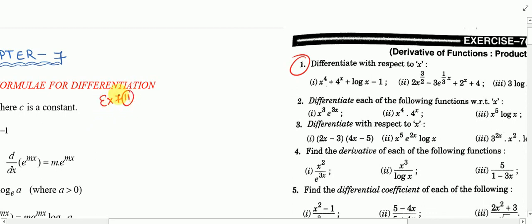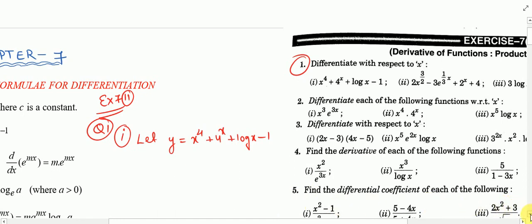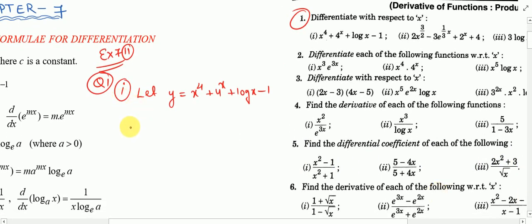Exercise 7.2, question 1. Here they have not written y equal to this or f(x) equal to this, so we'll write: let y equal x to the power 4 plus 4 to the power x plus log x minus 1.